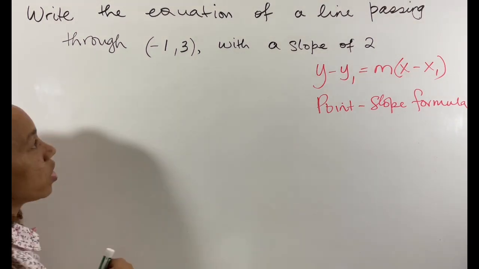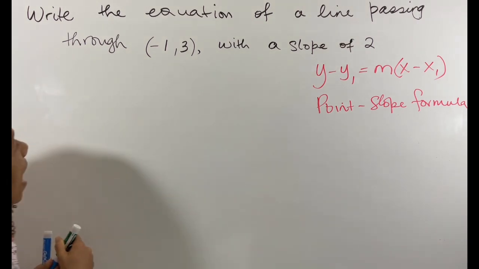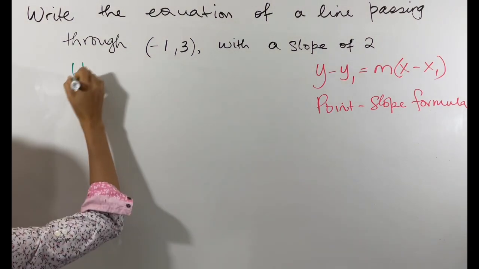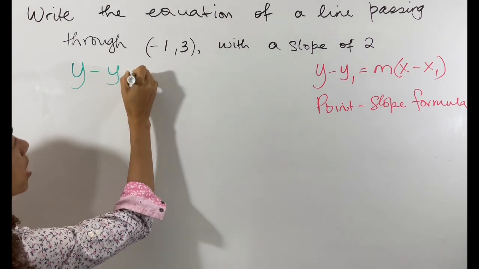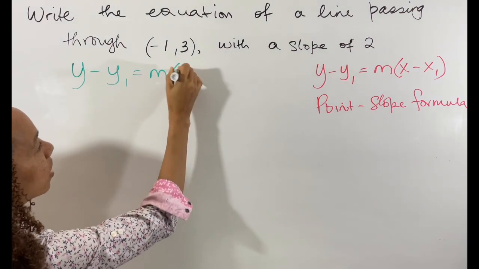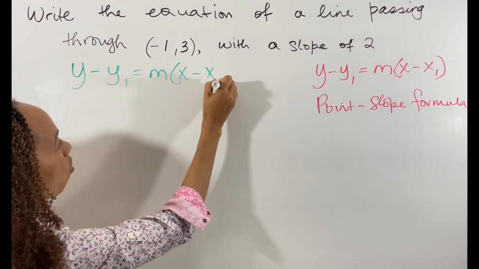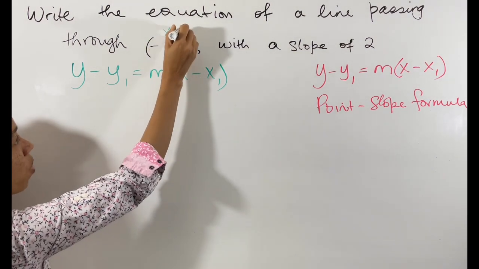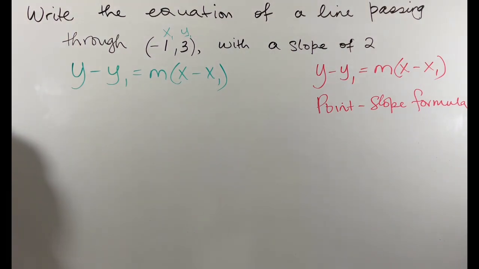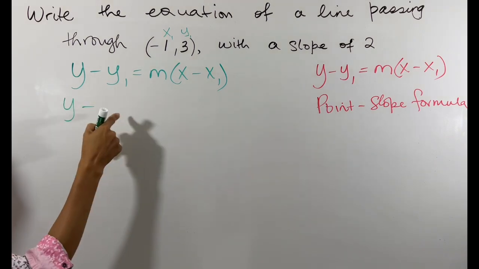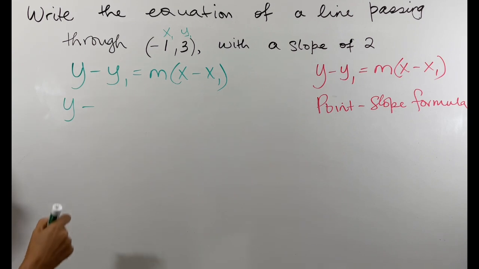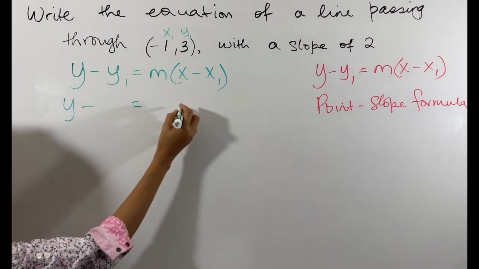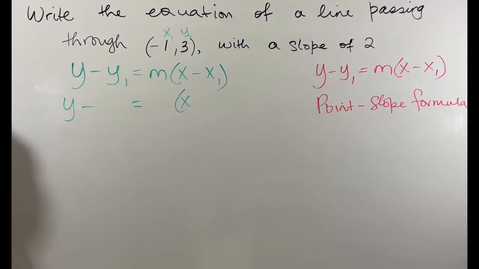So the first thing we're going to do here is write our formula, y minus y1 equals m parentheses x minus x1. And after we write our formula, we're going to label our coordinates, x1 and y1. Next, we are going to substitute our y1 and our x1 along with our slope into the formula.